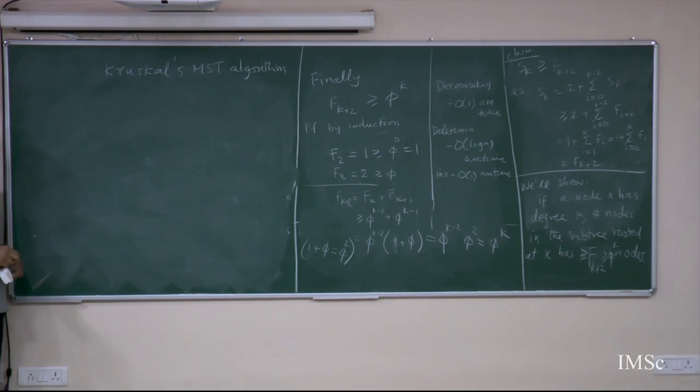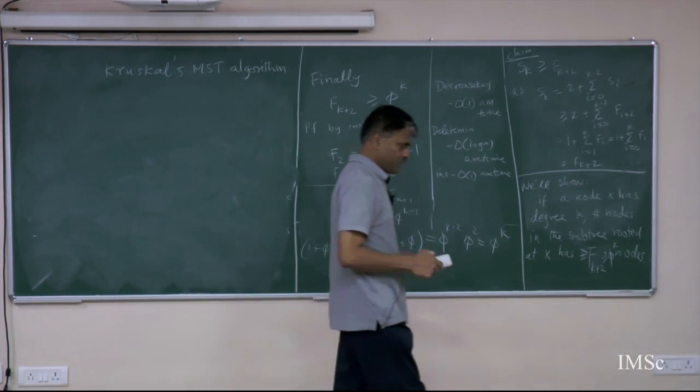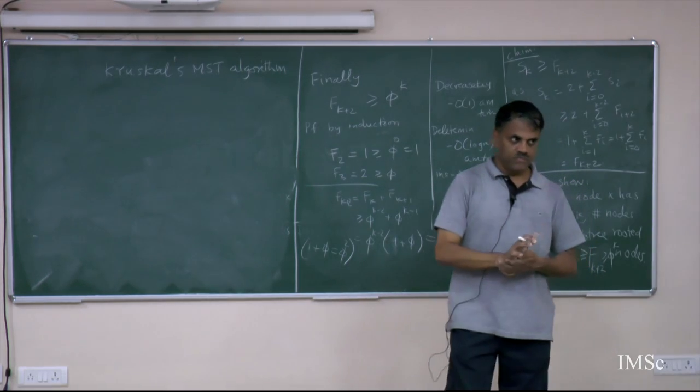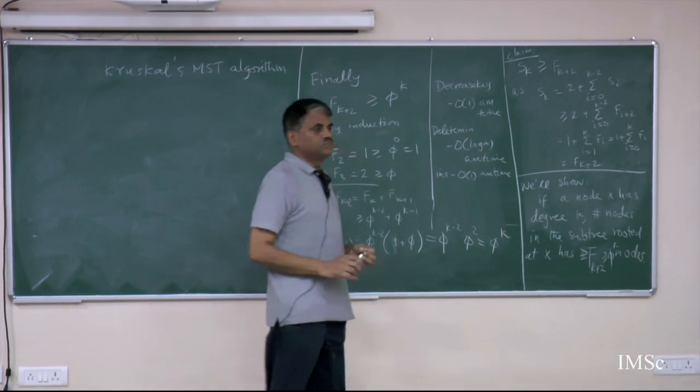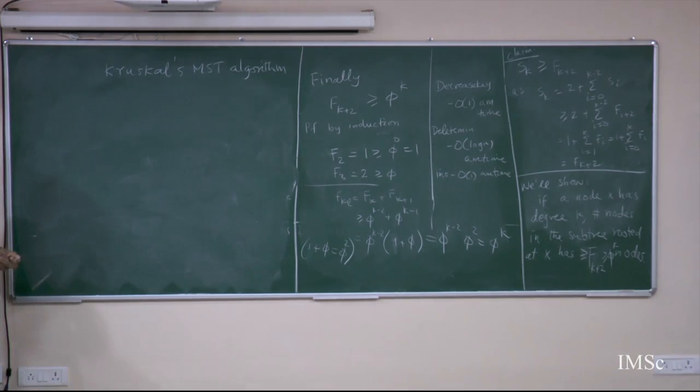How does it work? It grows a forest, a collection of trees. Initially you start with the isolated vertices. So you choose the minimum edge weight, and by doing this you join two trees. It grows like that, provided that there is no cycle.